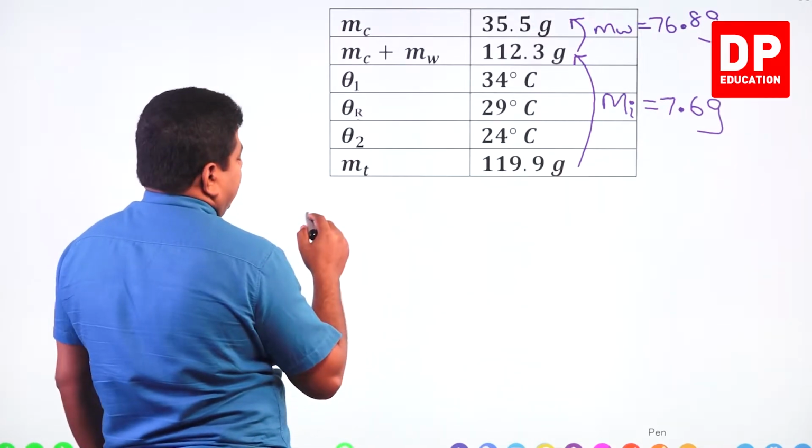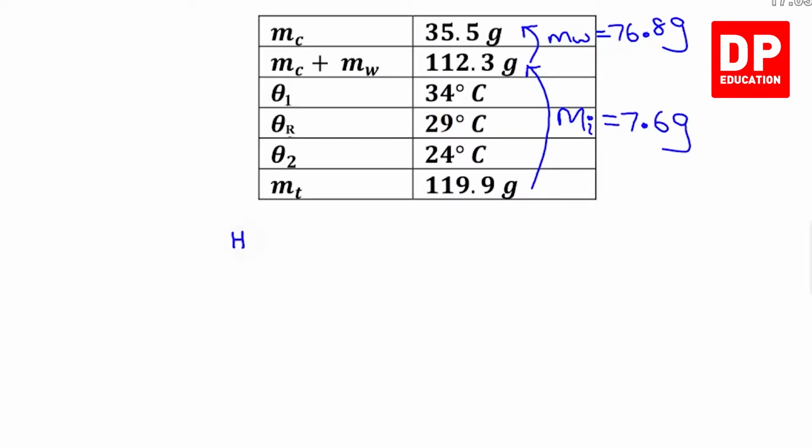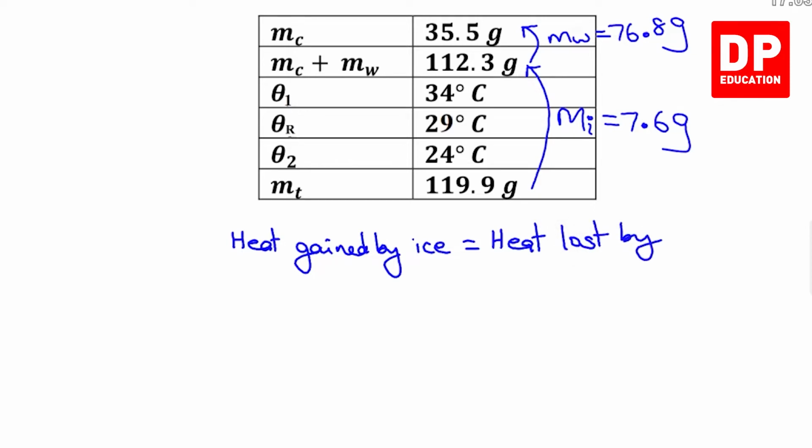What is the calculation? Heat gained by ice is equal to heat lost by calorimeter, stirrer and water.